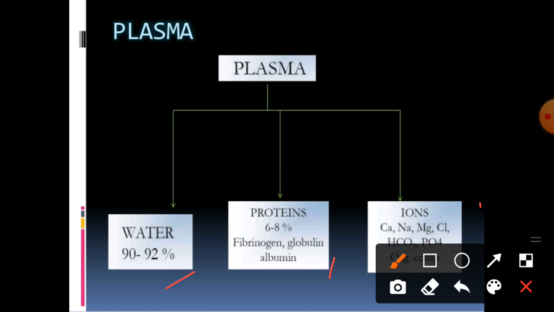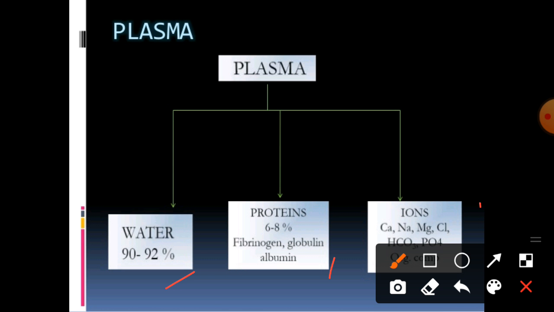So they are always helpful for development. And there is one more thing we forgot: inside the blood plasma, there are different cells which are developed in our bones.